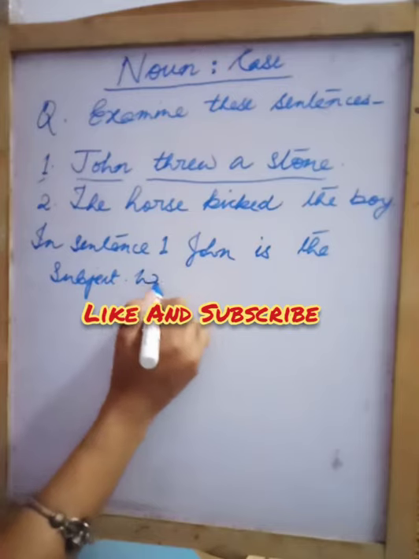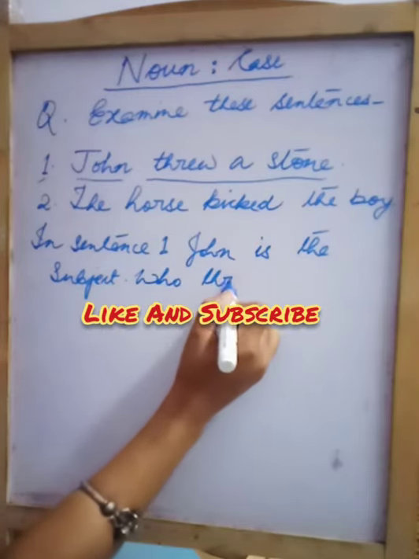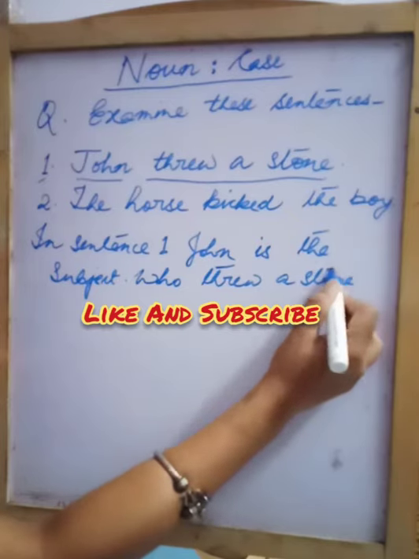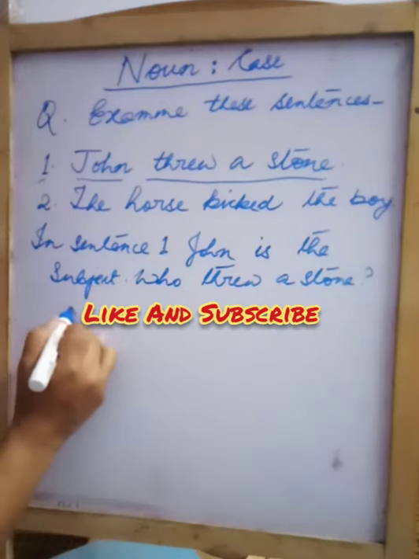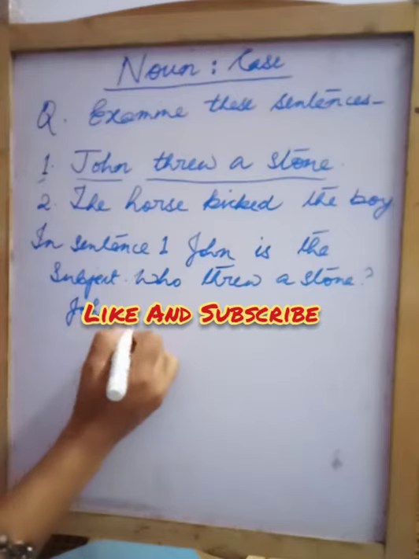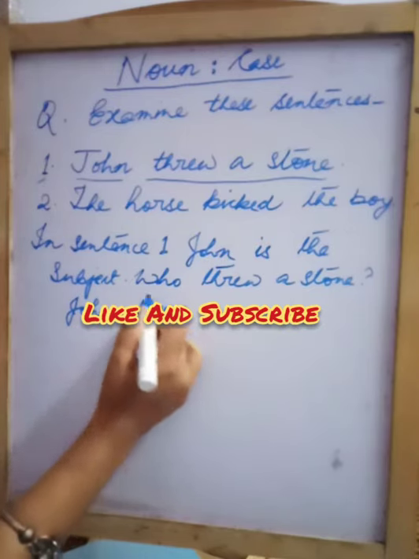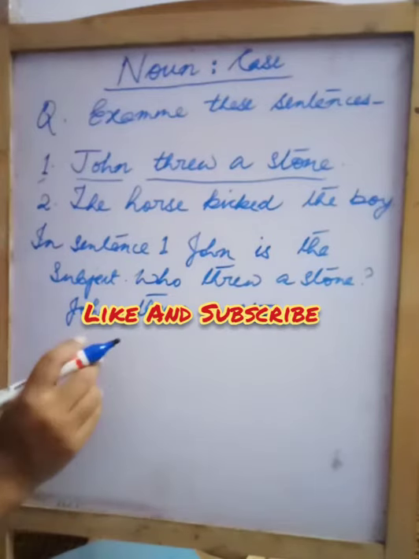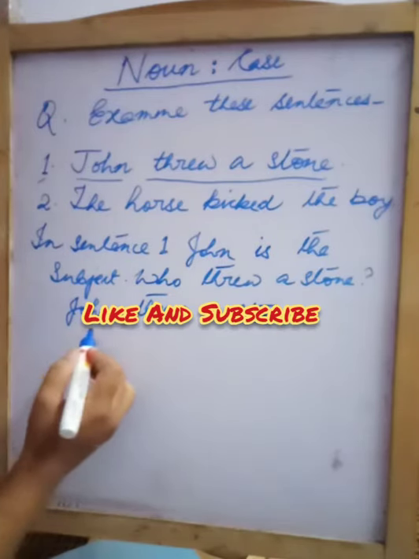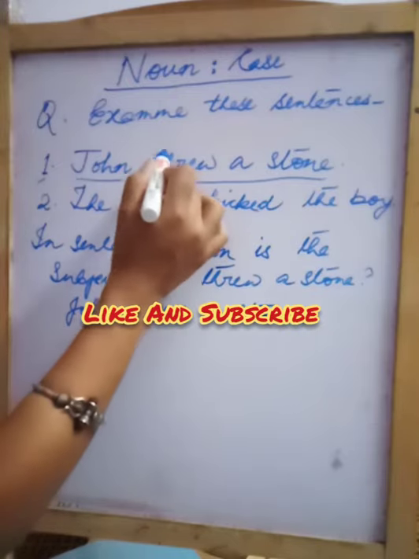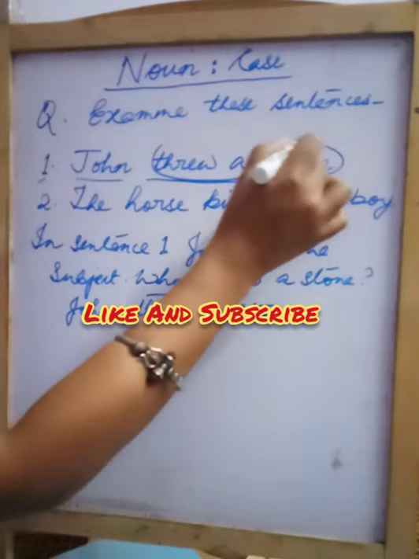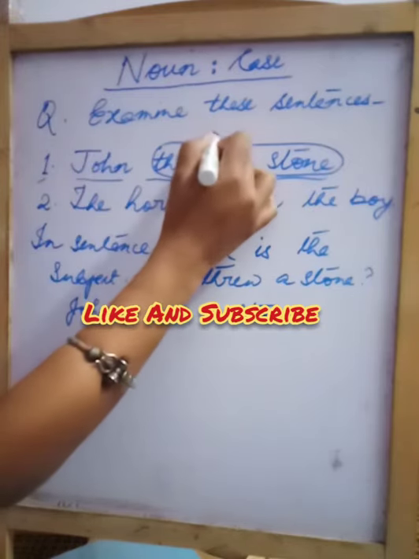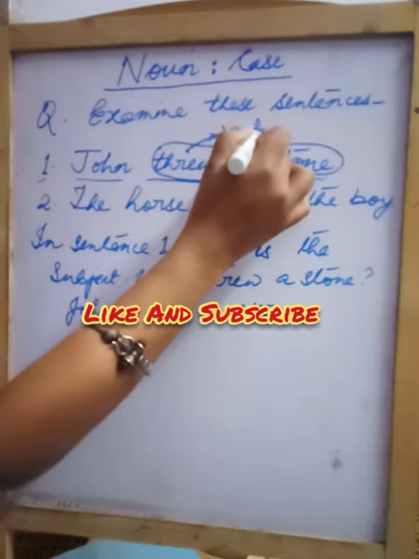Who threw a stone? Question mark. The answer is John threw a stone. Fine? Now this group of words, threw a stone, this second part, it contains the verb, threw.